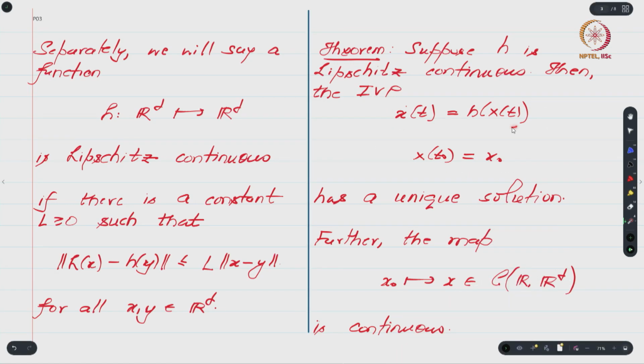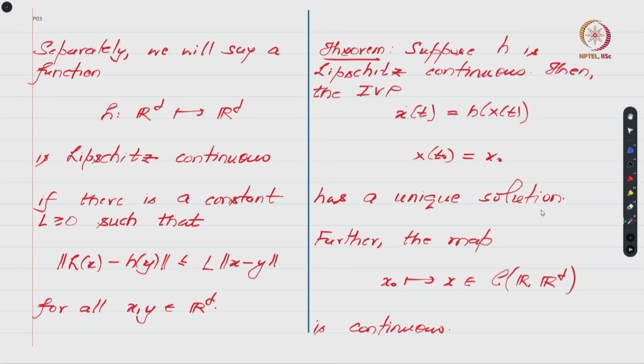Recall that the initial value problem has two parts. It first has the ODE relation and the second is some initialization condition. It requires that the solution trajectory at time t naught should pass through x naught. So this theorem says that if h is Lipschitz continuous, then the initial value problem indeed has a unique solution.